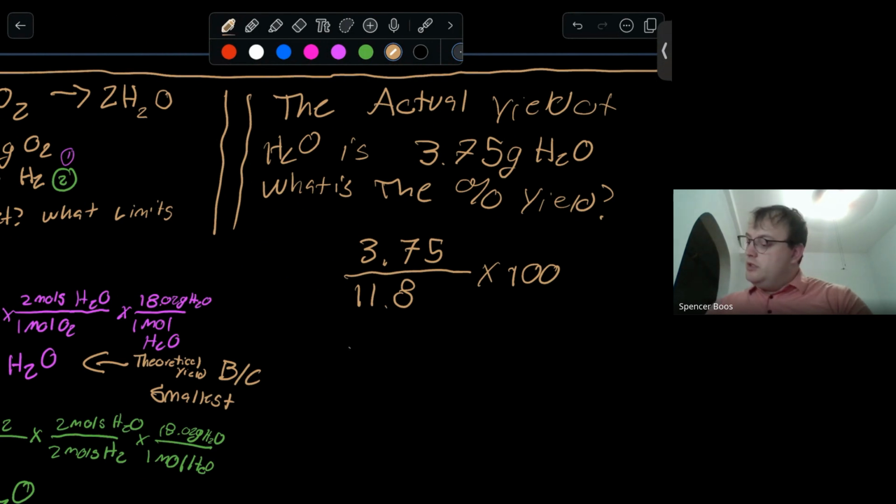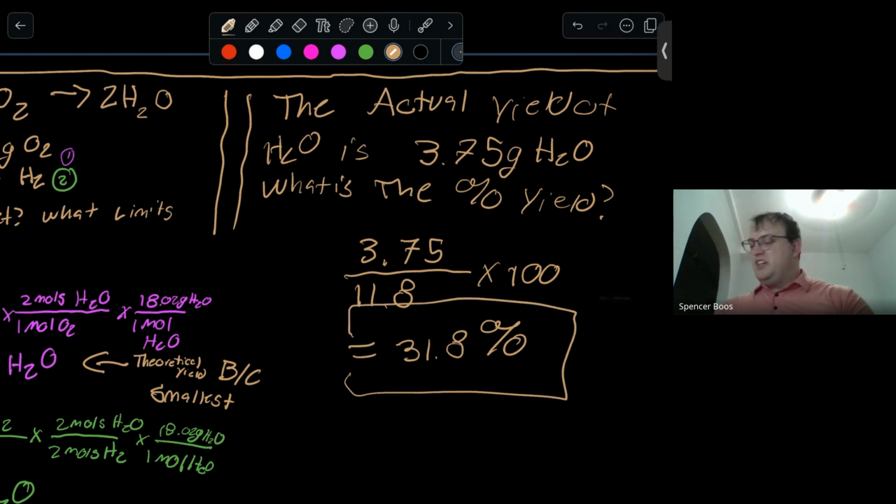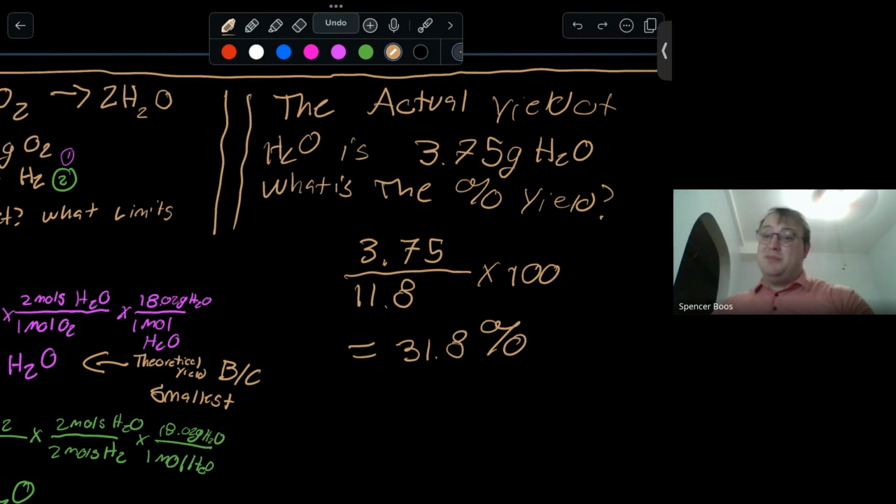Times it by 100, this would mean our percent yield is 31.8%. Kind of a crappy percent yield, but if that's what we get, that's what we get.